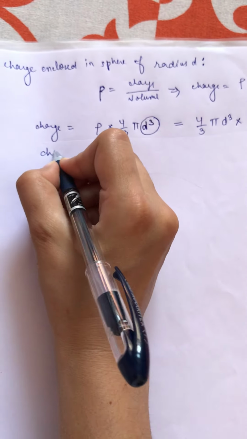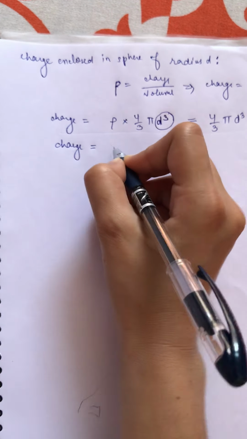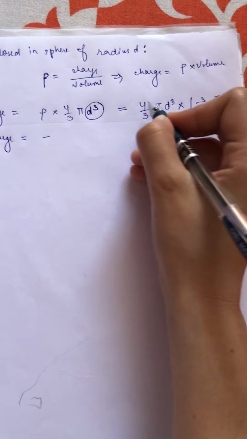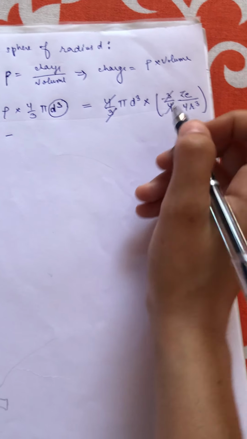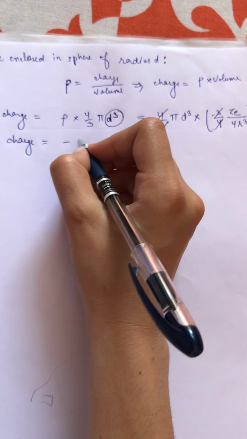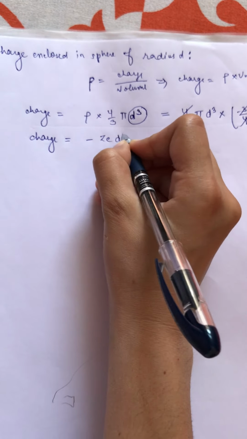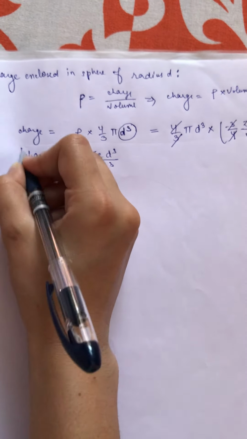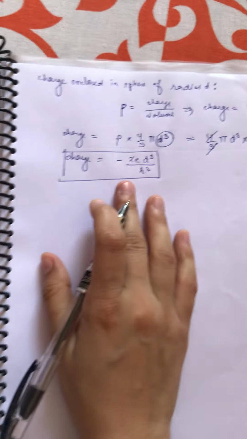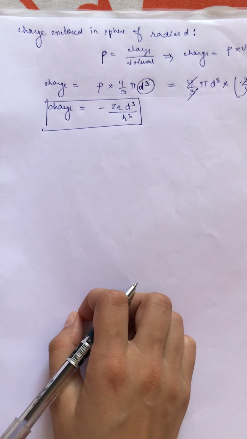Now our charge becomes, this 4 will cancel out with this one, 3 will cancel with 3, and we get the value Ze d cube upon r cube. This is the charge enclosed in the sphere of radius d.